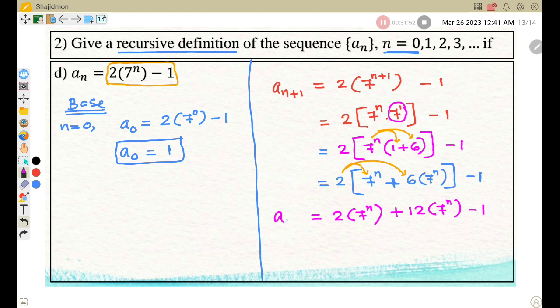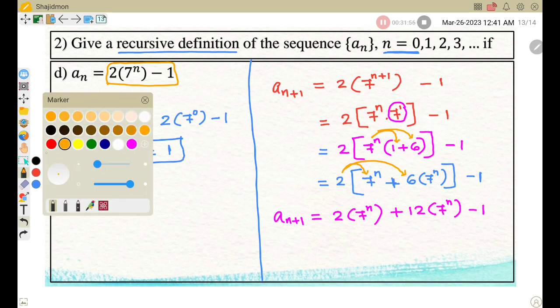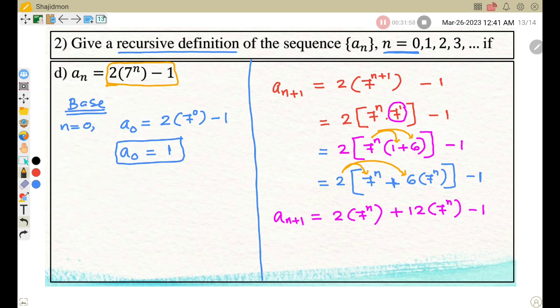Where did we start? We started with a_{n+1}, correct? Now how to introduce a_n there? You can see a_n means 2 times 7 power n minus 1. So here 2 times 7 power n is there, here minus 1 is there, correct? So take that together: 2 times 7 power n minus 1. What is the balance?